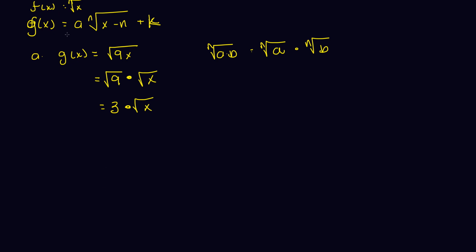And now we see we have the a scale factor. So a is equal to 3. We don't have an h, nor do we have a k. So the graph is stretched because 3 is greater than 1.